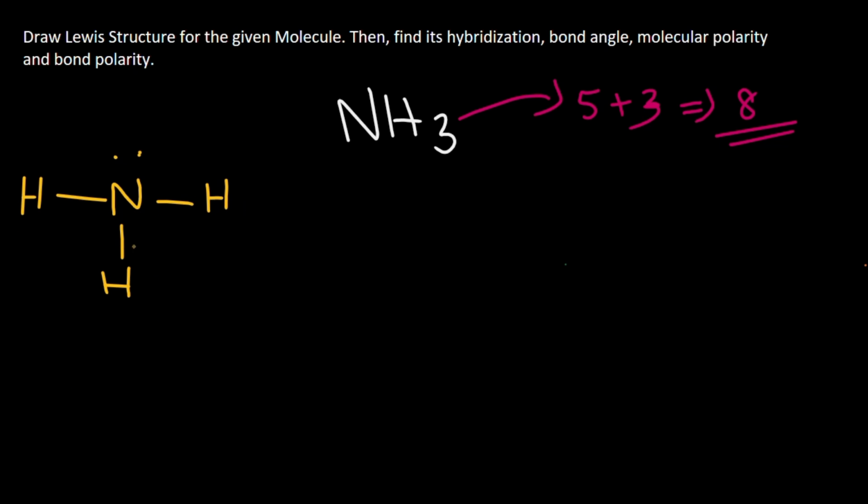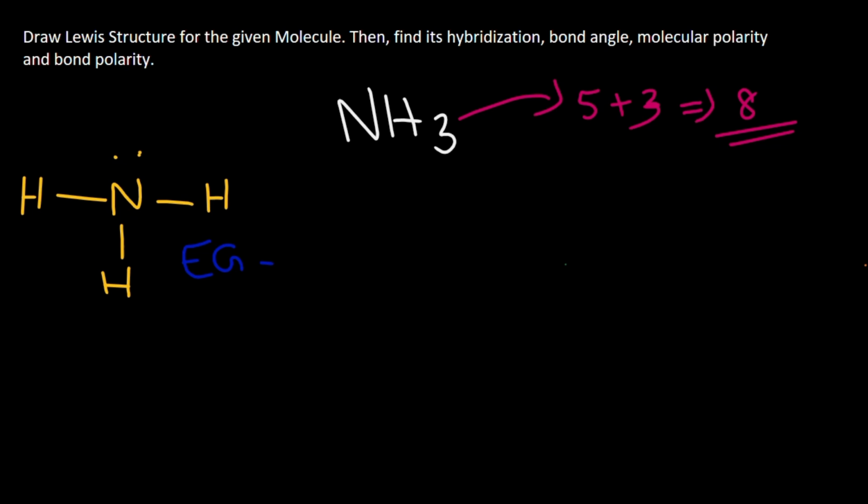So from the Lewis structure, first you have to find the electron geometry if you want to find its hybridization, and you want to find its molecular geometry if you want to find its bond angle. So the electron geometry, I'm just going to abbreviate as EG and MG. Okay, so electron geometry is, so we have 3 bonding sites and 1 lone pair, so it's 3 to 1, right?